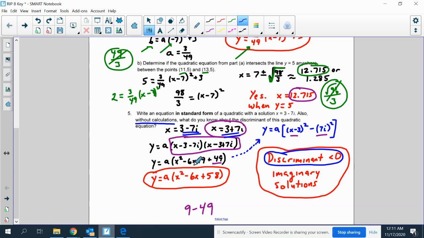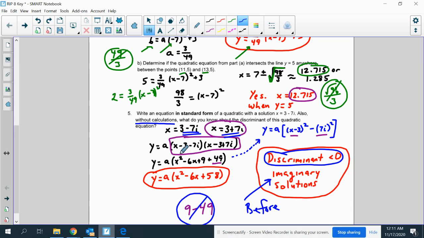You can't say something to the effect of because the discriminant is 0, we know there are no imaginary solutions. We actually knew there were no imaginary solutions before we knew the discriminant was 0. Or we knew there were imaginary solutions before we knew anything about the discriminant. So we have to get the order of this right.